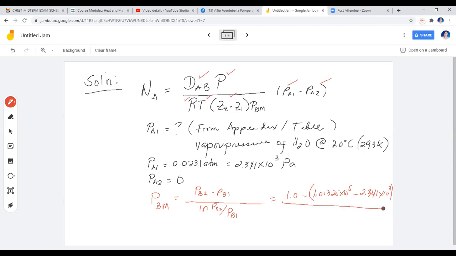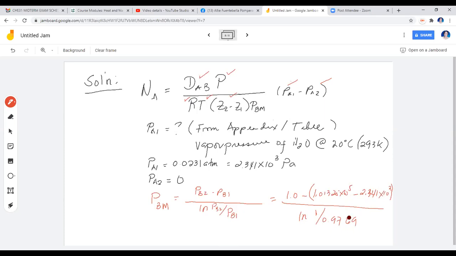Then we divide by the ln of 1 over the difference of these two, which is 0.9769. Actually, this is in atm and this is in atm as well. There's no need for you to convert to Pascal, because whatever unit is in the numerator would be the same unit in the denominator.